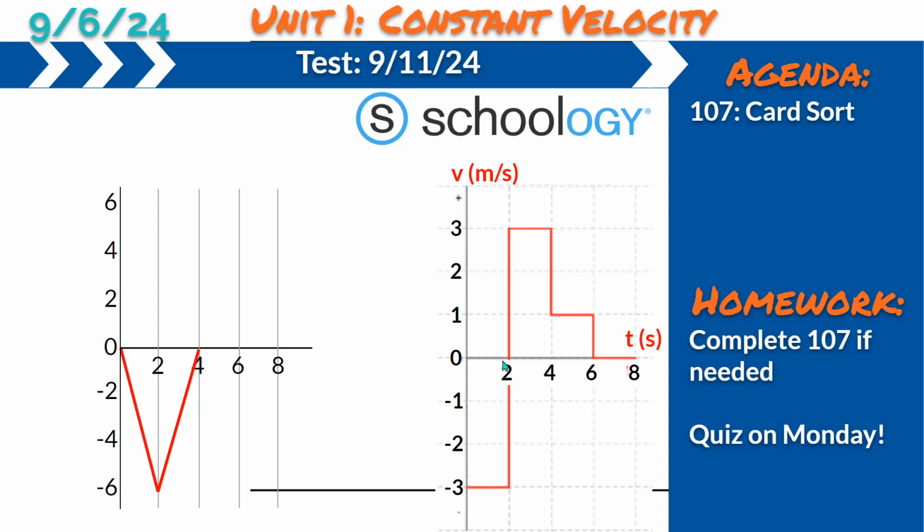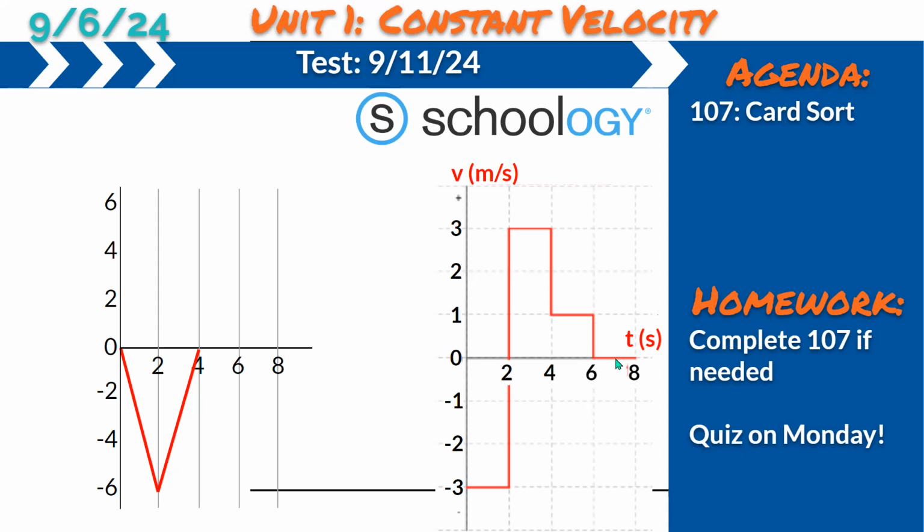The area of this rectangle right here, length times width, is -3 times 2. That's -6. The area of this rectangle was also 6, but it was positive. There's my +6. And this area across the bottom from 4 to 6 is 2 times 1. Length times width, 2 times 1 is 2. So I need to go 2 meters forward.